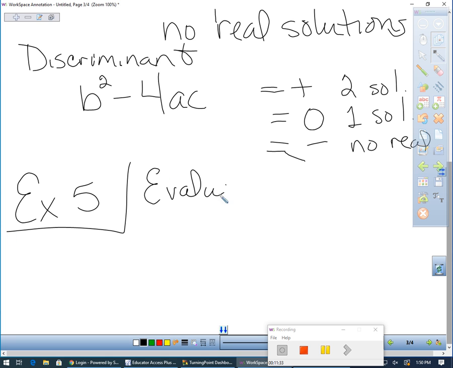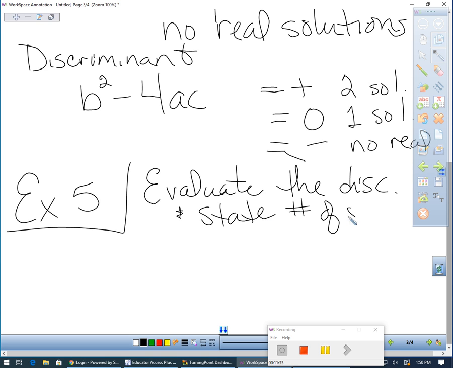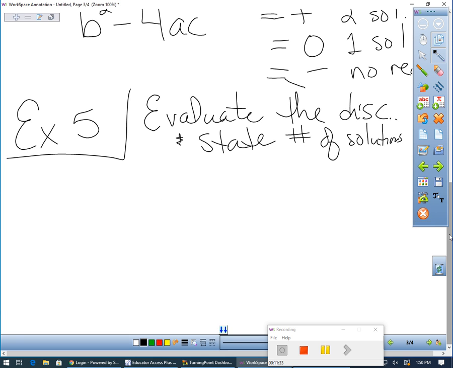Evaluate the discriminant and state the number of solutions. All right.